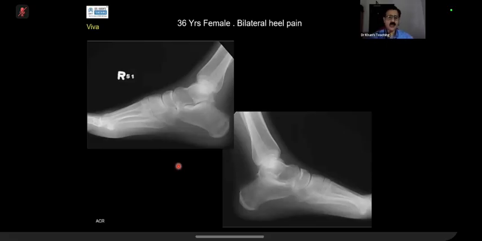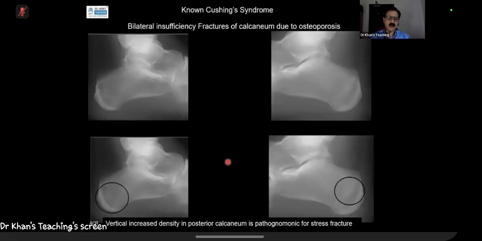Excellent. Please remember, this is the type of case which can come in the rapid reporting also. This is known as insufficiency fracture of the calcaneum due to osteoporosis. The osteoporosis per se is not visible on radiograph, but the insufficiency fracture is. I used the wrong word, stress fracture. Please remember insufficiency fracture versus stress fracture.